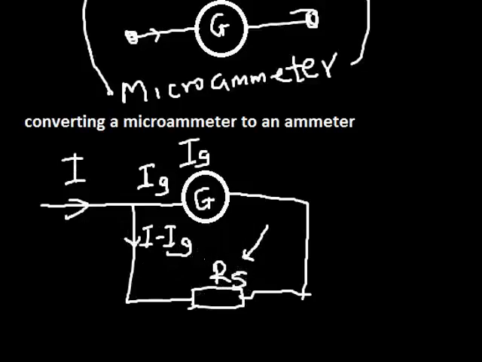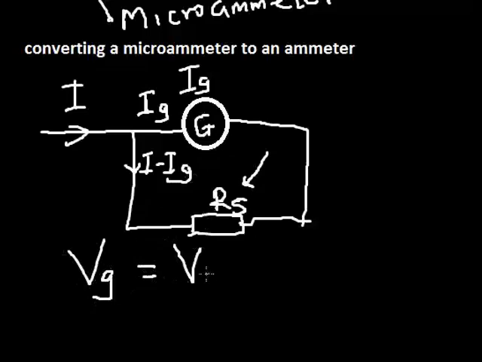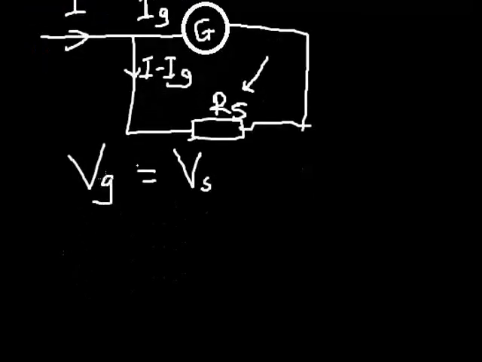What is the value? To get the value of the shunt resistor, remember both the galvanometer and the shunt resistor are in parallel, and when components are in parallel, their voltage is the same. So I can simply say that the voltage of the galvanometer, VG, is equal to the voltage of the shunt resistor. According to Ohm's law, voltage is equal to IR.